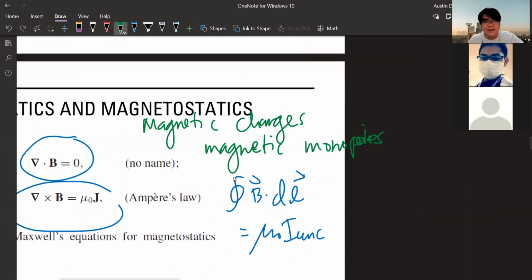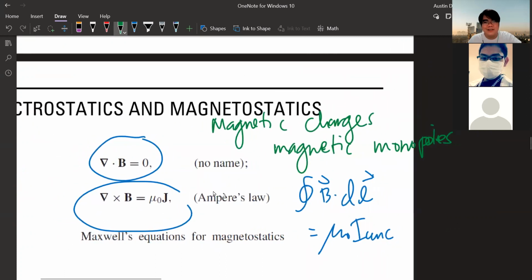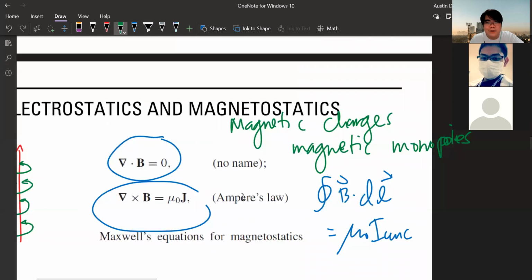Which does not exist, at least for now. Hindi pa natin alam kung talaga mag-exist ba siya or not. Okay, so the magnetic monopoles do not exist because of this guy. Okay? So del dot B is equal to 0.